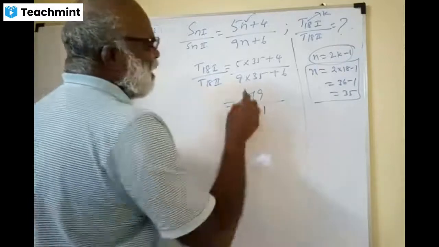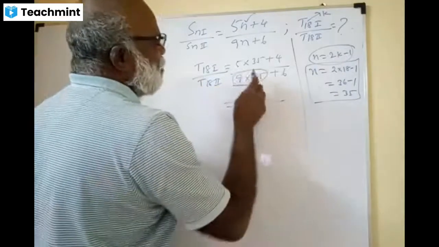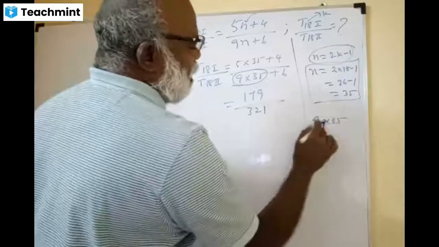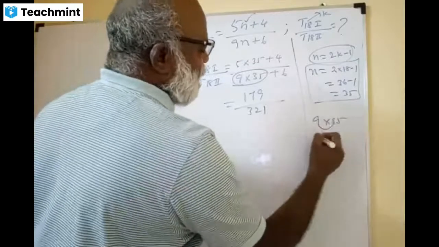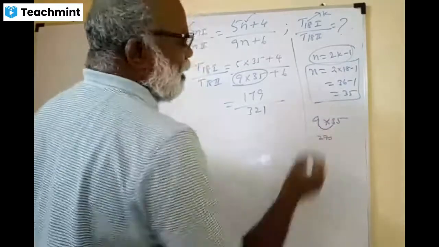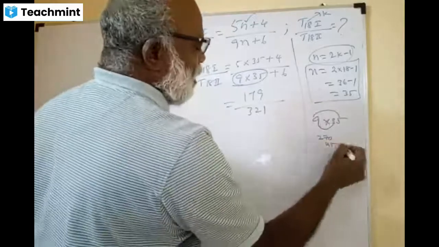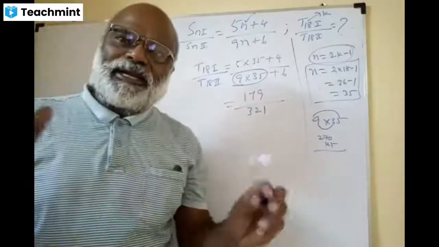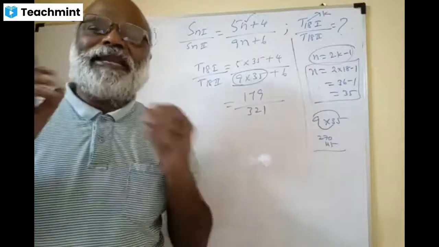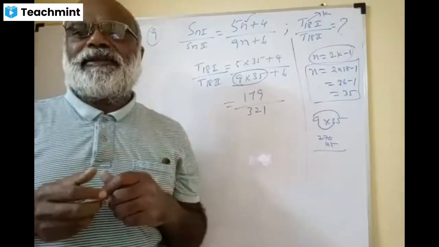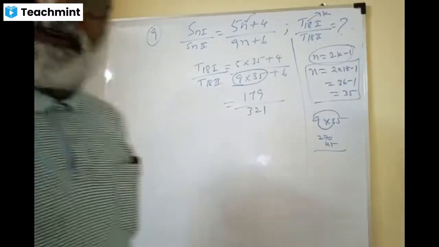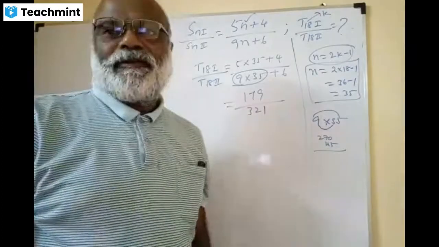How did I get the product of 9 into 35? What I did is mental mathematics. 9 3s are 27, so 270. 9 5s are 45. 270 plus 45. Everything happens in the mind, you have to activate your mind. For the addition, I didn't use a pen at all.